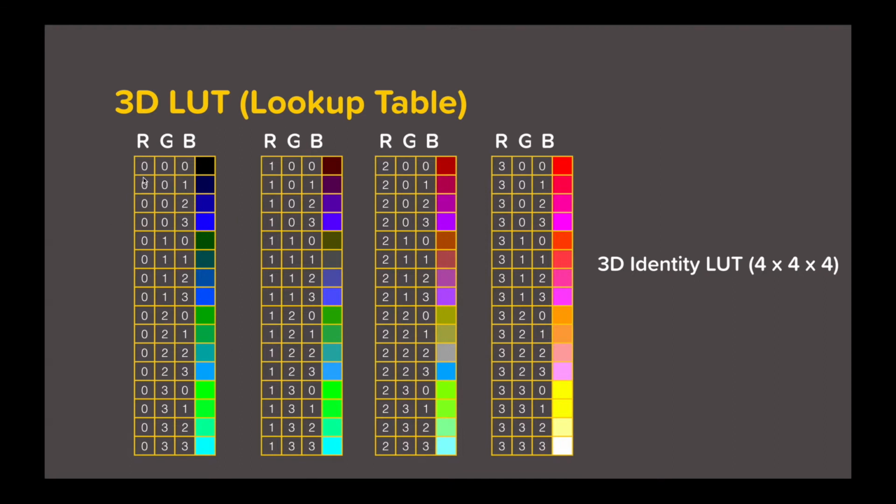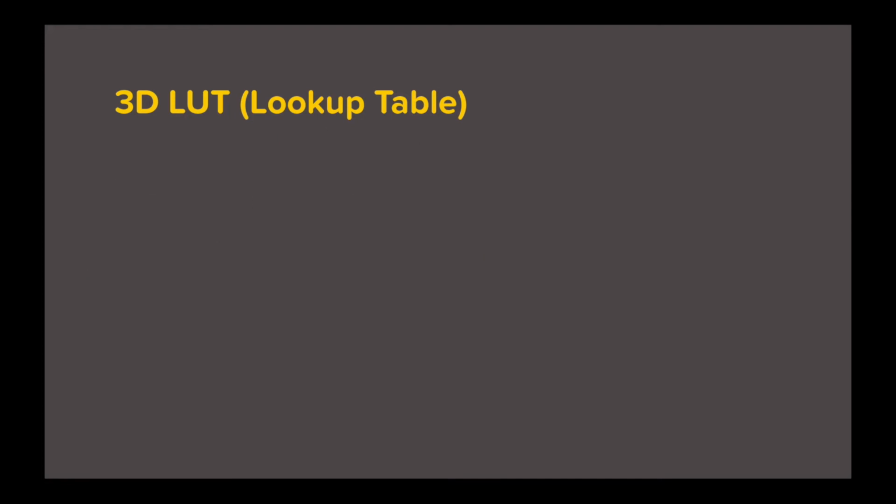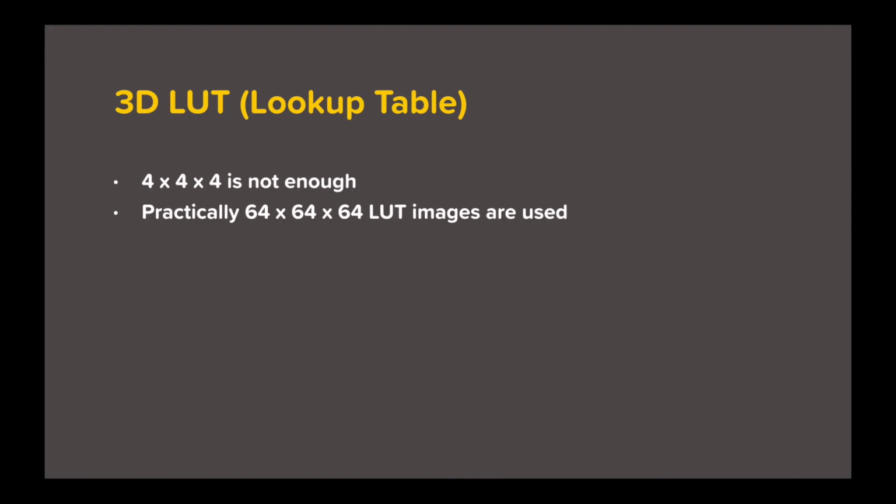Currently we're only assuming that R can take only 4 values, but in real life R can take values from 0 to 255. So this kind of lookup table is pretty limited, and practically in real life we use 64x64x64 LUT images.